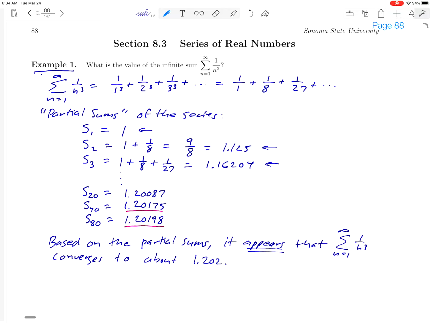You'll notice that I underlined the word appears. This is really just a guess at this point. We're looking at the data and making an educated guess that this series converges. We can't really be sure about that yet.